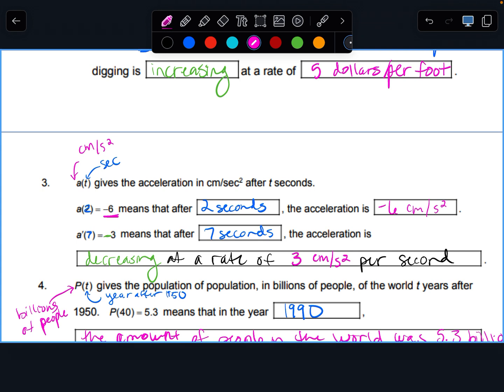Why are the seconds not squared in the box? Because t is just plain seconds. Can you write decreasing at a rate of 3 centimeters per second cubed? I don't think they'd mark it wrong, but it's weird, because you're talking about how acceleration is changing. I would just do per second, but I don't think they technically mark it wrong.